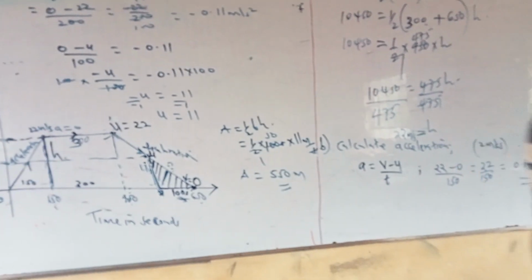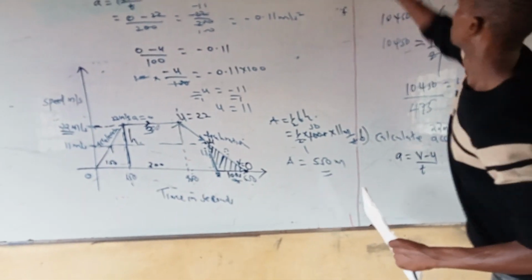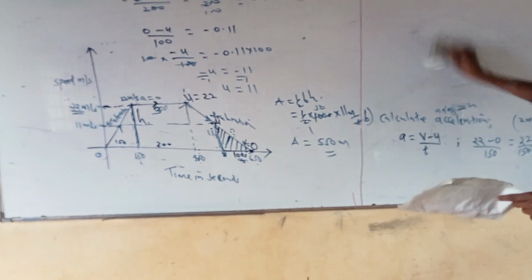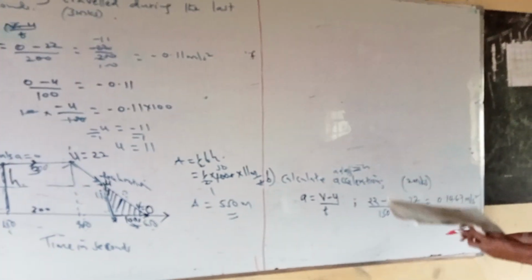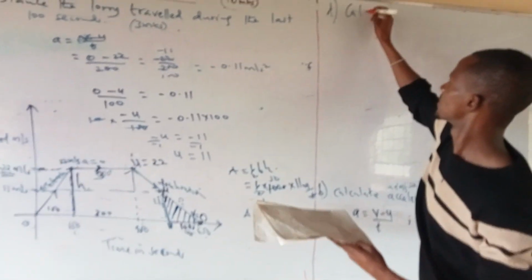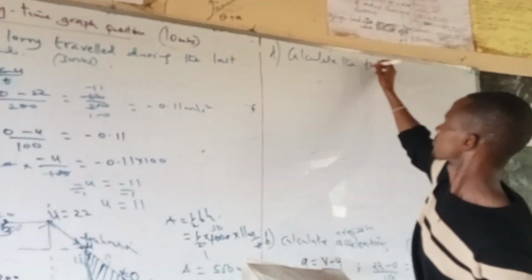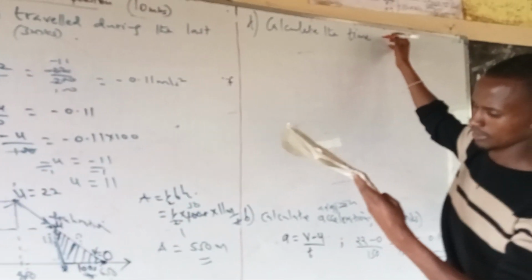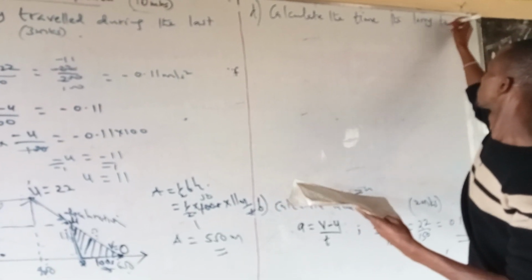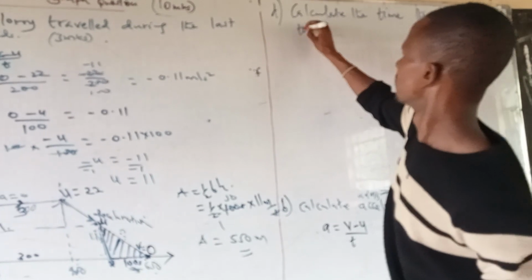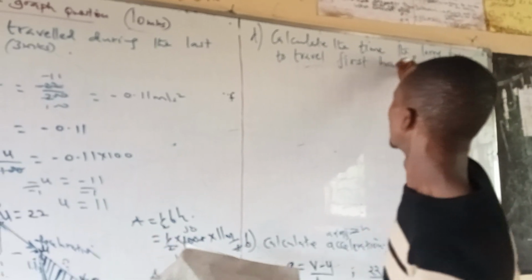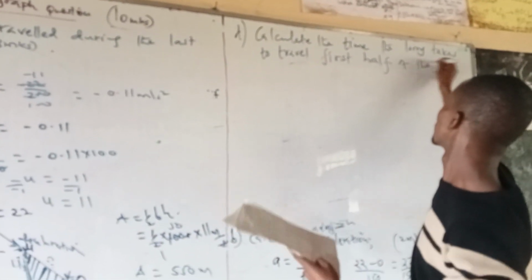Now lastly, B. In B, you are told: calculate the time the lorry takes to travel the first half of the journey.